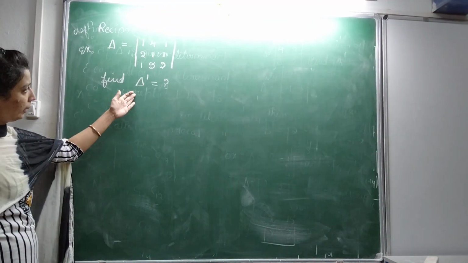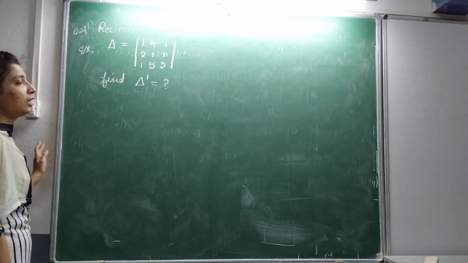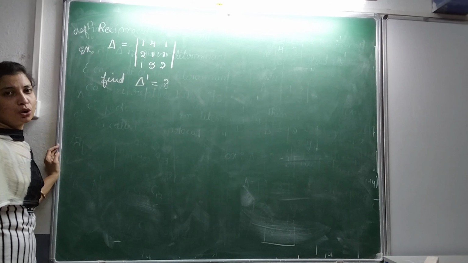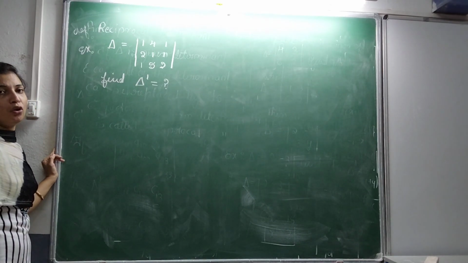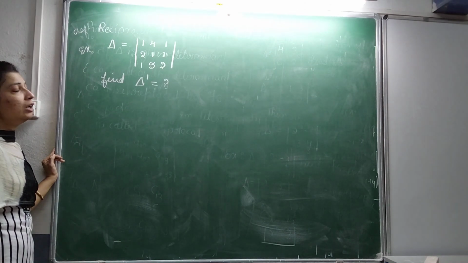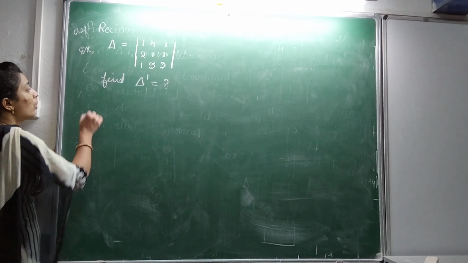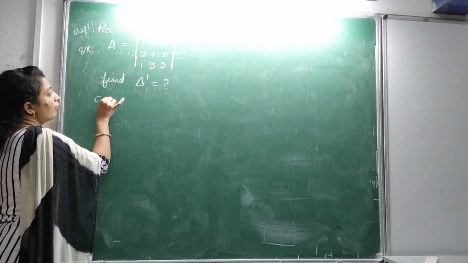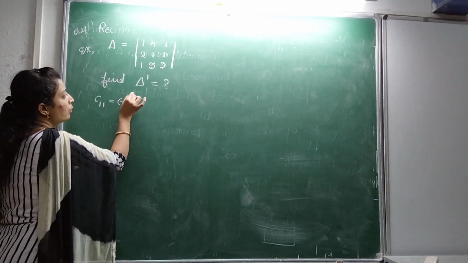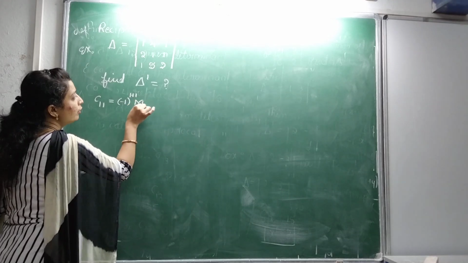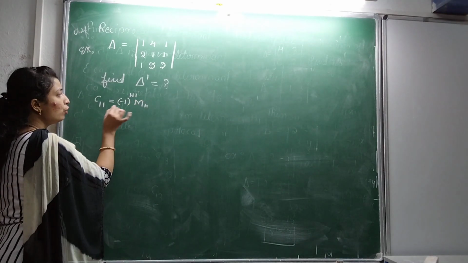So we have to find the delta dash. Each element can be replaced by its cofactor. Then the newly formed determinant is called the reciprocal determinant. So C11 can be written as minus 1 to the power 1 plus 1 M11. It means first row, first column.